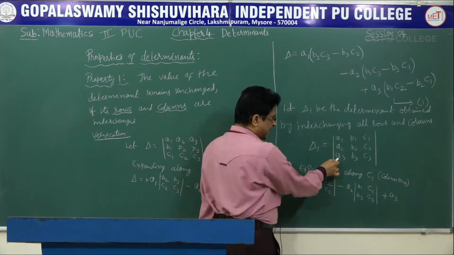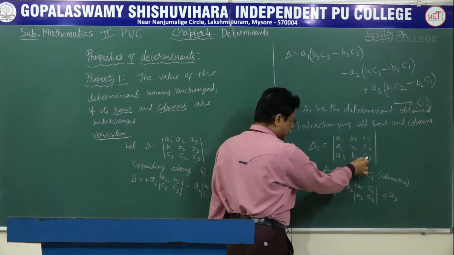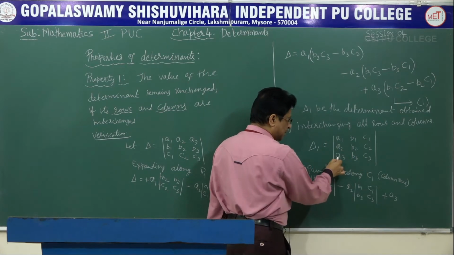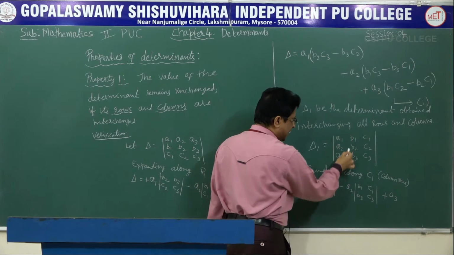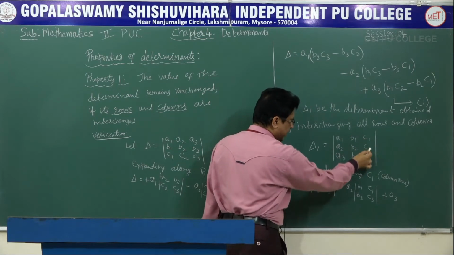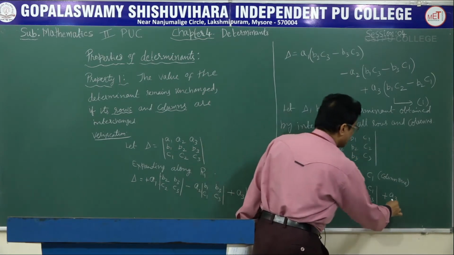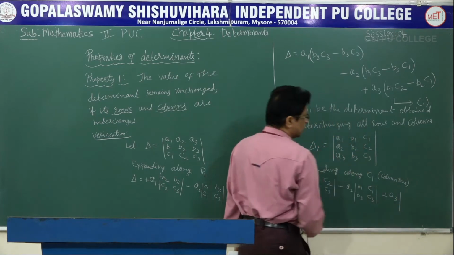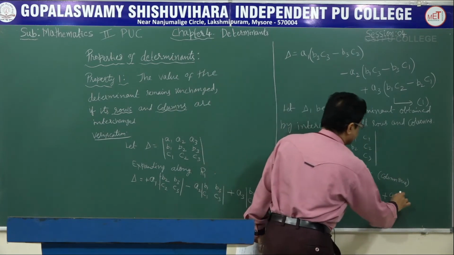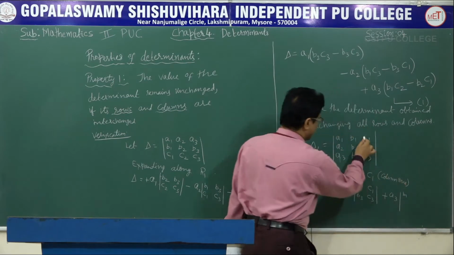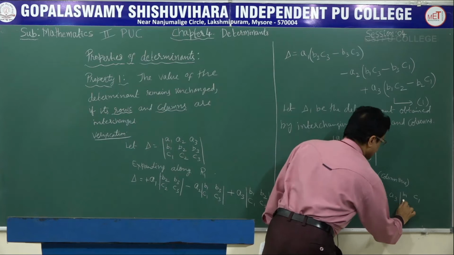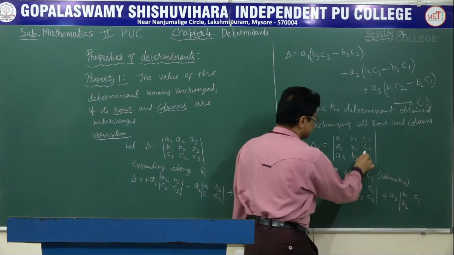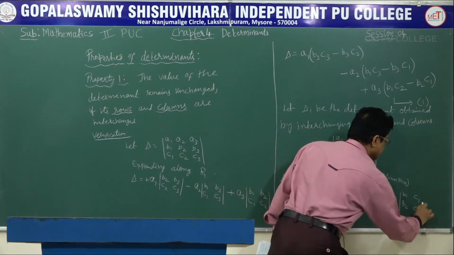So A3 lies in the third row and first column. So here we eliminate the third row and first column and take the determinant of the remaining elements. A3 into determinant of B1, C1, B2 and C2.